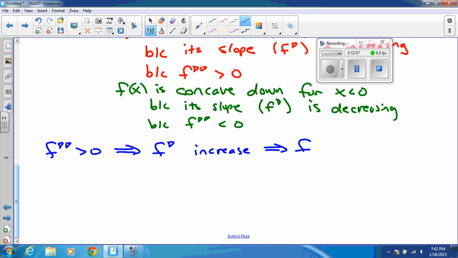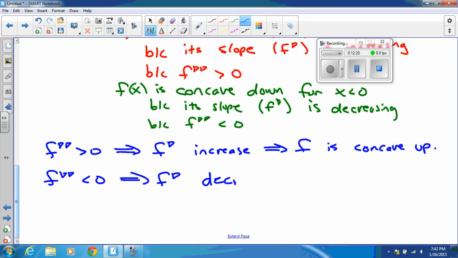If f double prime is positive, that's going to force f prime to be increasing, which in turn is going to force f to be concave up. If f double prime is negative, that causes f prime to decrease. I should spell increasing with an ing, shouldn't I?